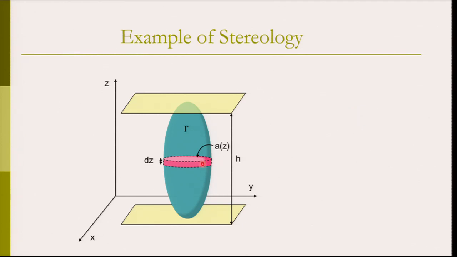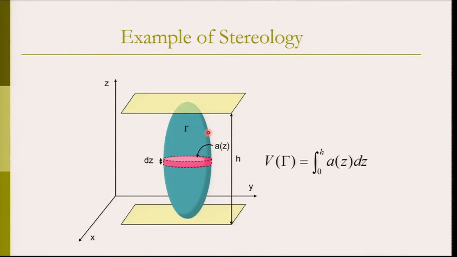If you stack these small cross sections on top of each other, you can form the complete ellipsoid. So, what we need to know is the cross sectional area at a particular height.